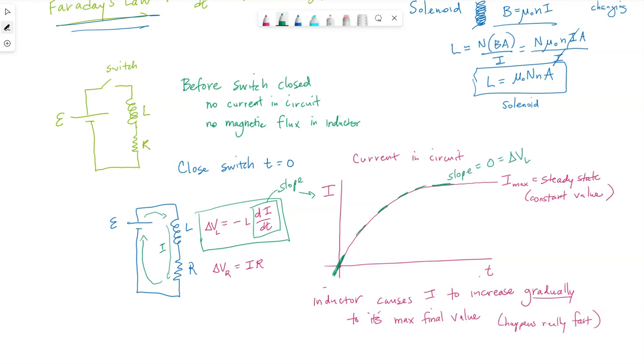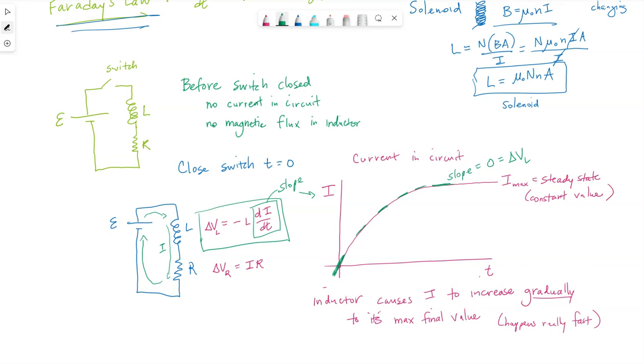That means for the inductor, there is no potential difference due to inductance anymore. So if we come back and look at our circuit, if there's no potential difference across the inductor anymore, then the entire potential difference is across the resistor.